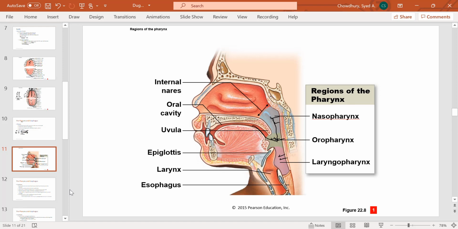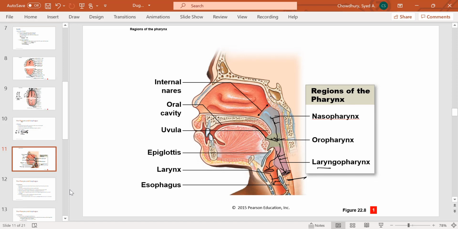And then you see from the lower end of the laryngopharynx, 2 separate tubes start. In the front, this tube is called the larynx, and this is the laryngeal inlet, and this tube is the esophagus. So food enters into the esophagus, but air enters into the larynx.